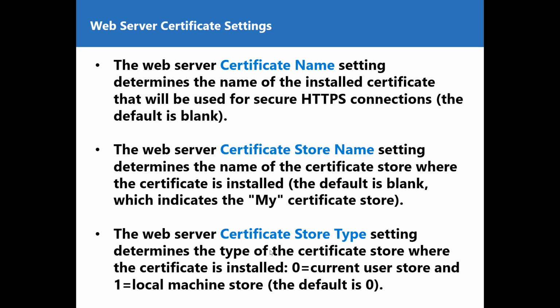The certificate store name setting will determine the name of the certificate store where the certificate is installed. It also defaults to the My Store, which is again the same as the personal store in the MMC utility. And then the certificate store type will correspond to 0 for current user and 1 for the local machine store. And again, that defaults to current user, or 0.